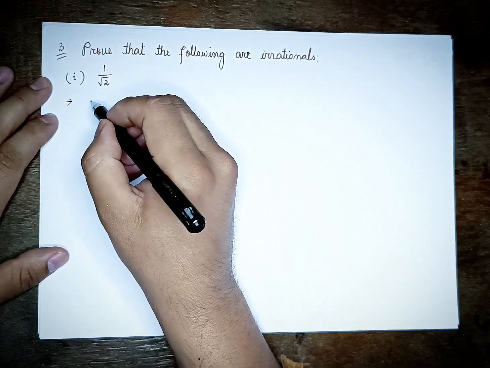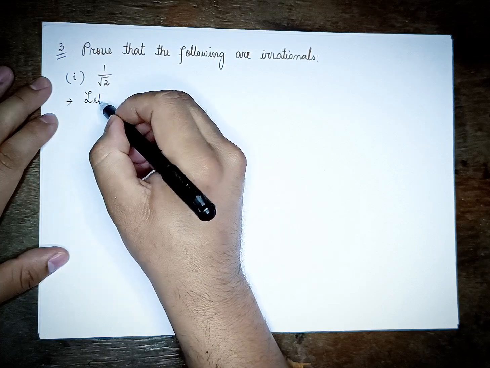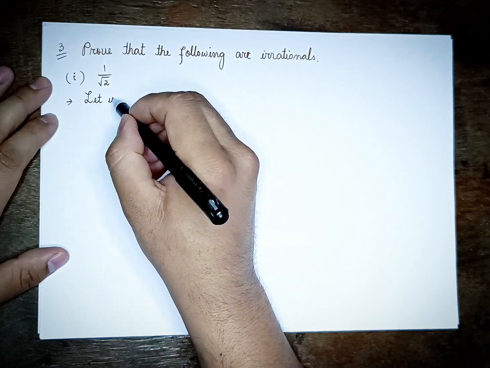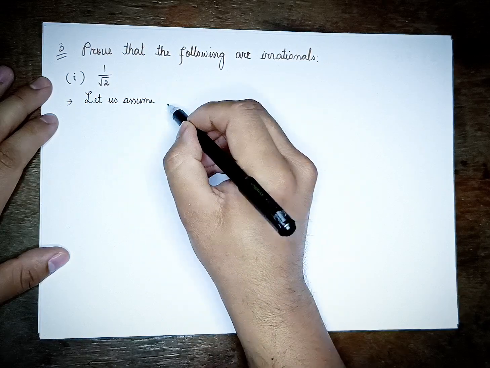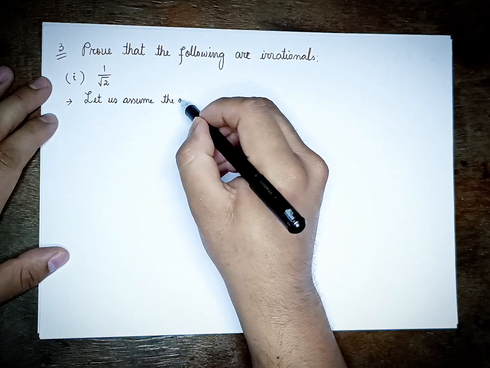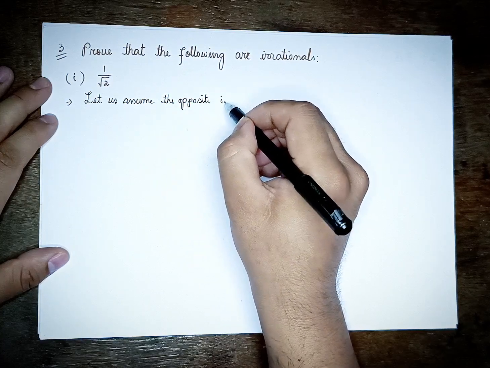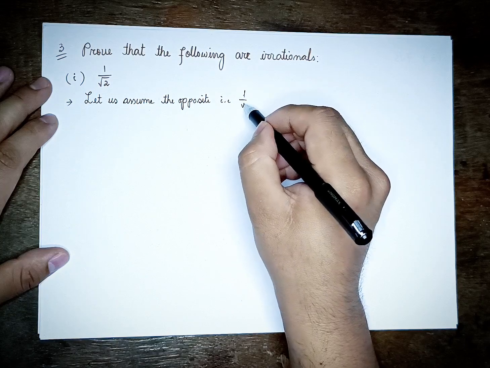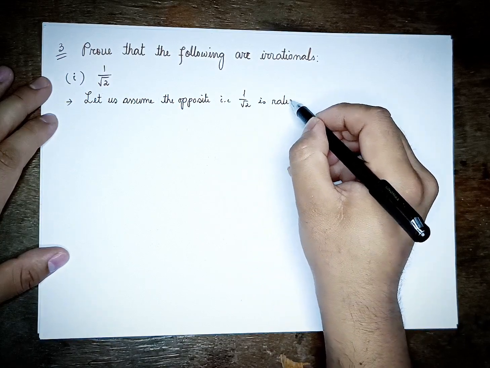Okay, let's first assume it. Let us assume the opposite, that is, 1 by root over 2 is rational.